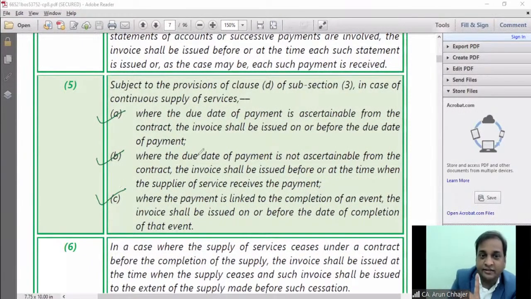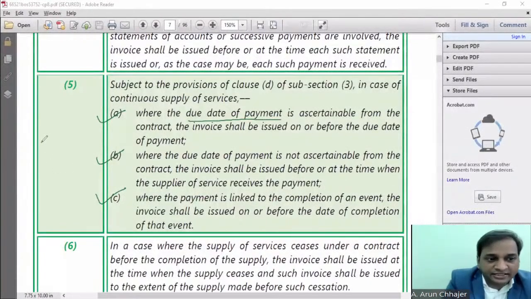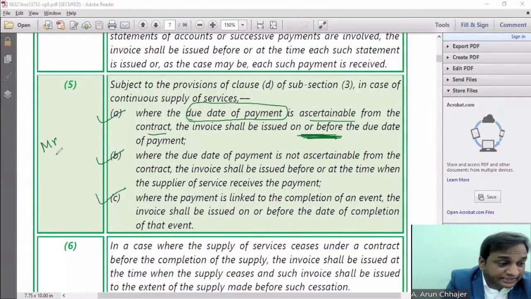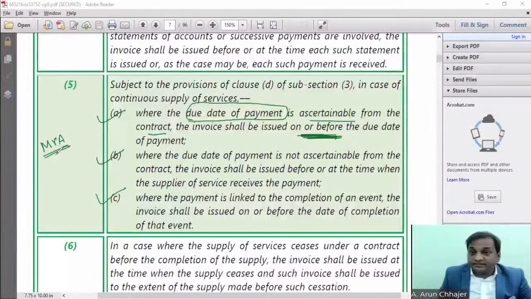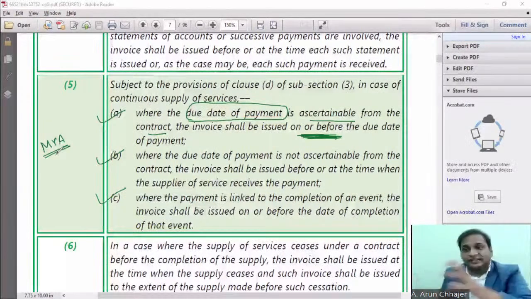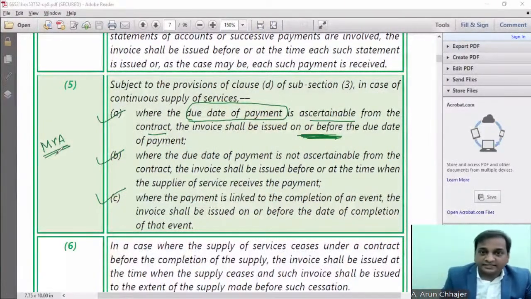Now, situation 1. Recall that example. Mr. A is a contractor and he has received the work for construction of the building. Mr. A is providing the work contract service.